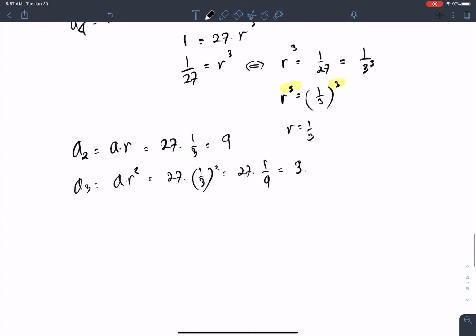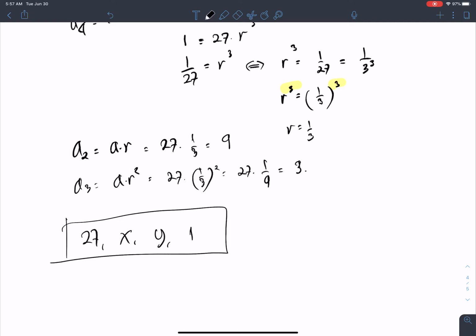If we arrange 27, x, y, 1, we have 27, 9, 3, and 1, and these are the numbers we are looking for: 9 and 3.